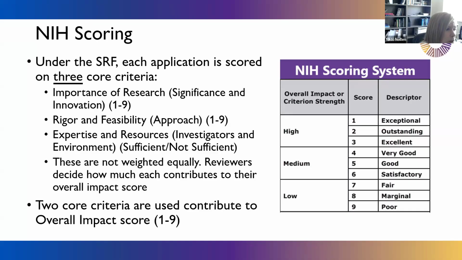So for some people, innovation may be weighted less in their mind than other things, and vice versa. Then the 2 core criteria, importance and rigor, are used by the reviewer to determine their overall impact score for your application.